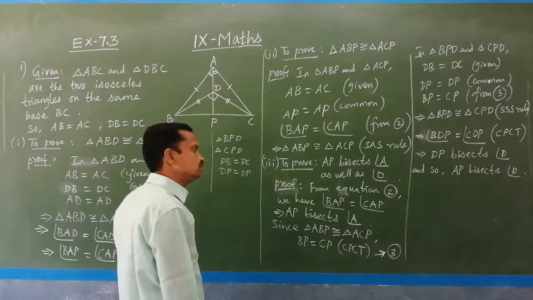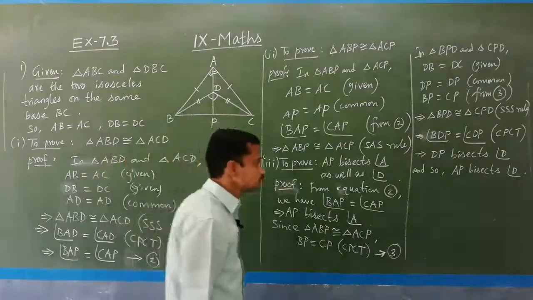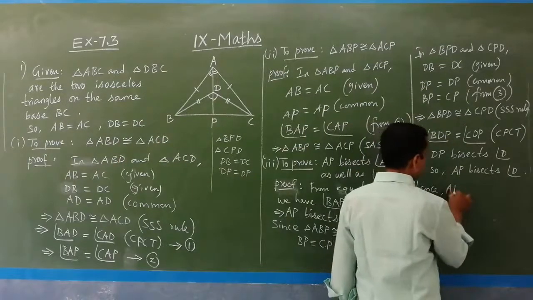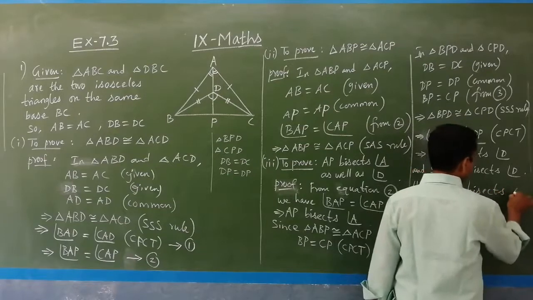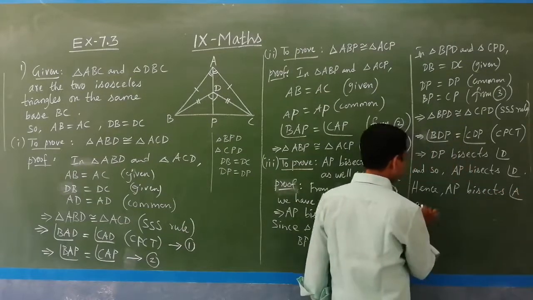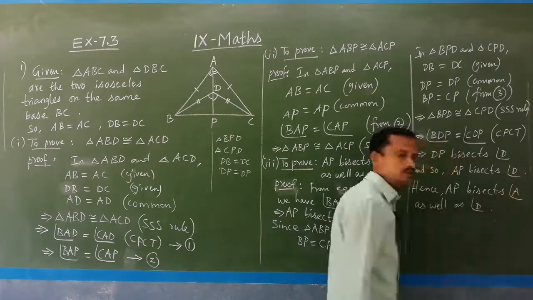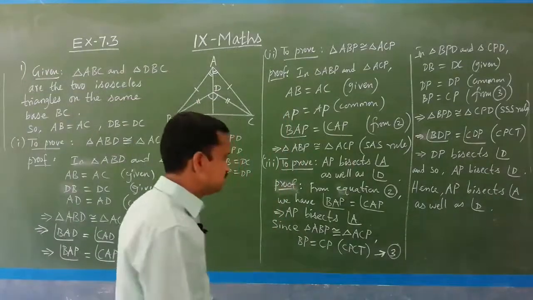If DP bisects angle D, AP also bisects angle D. So hence, lastly, we can say AP bisects angle A as well as angle D. That's all.